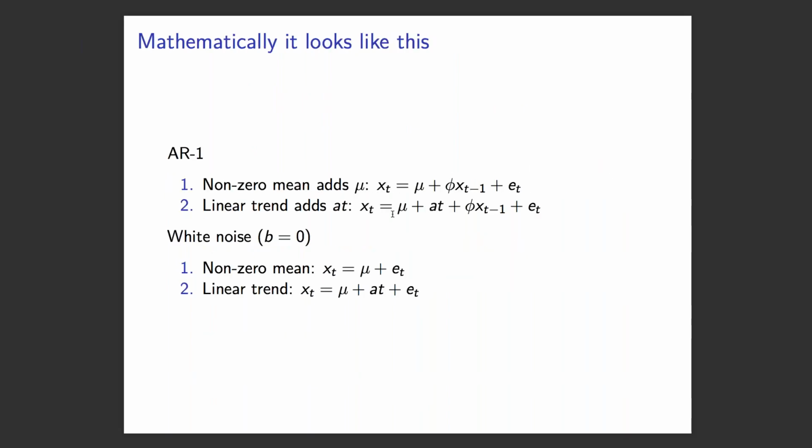So they're going to set the test up like that, and they're effectively going to be testing if that parameter right there is 1. Except they're going to subtract the x at t minus 1, put that over there, and then what that allows them to do is the parameter they're testing is, they're testing if it's 0.